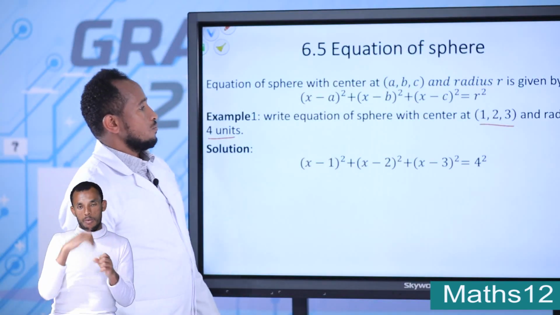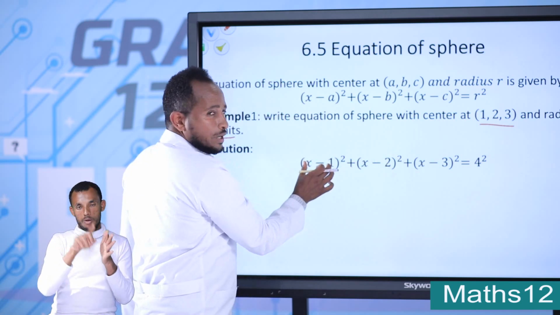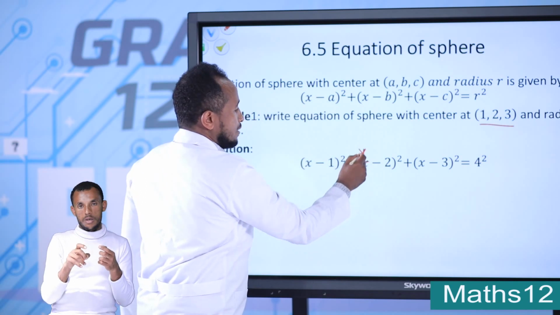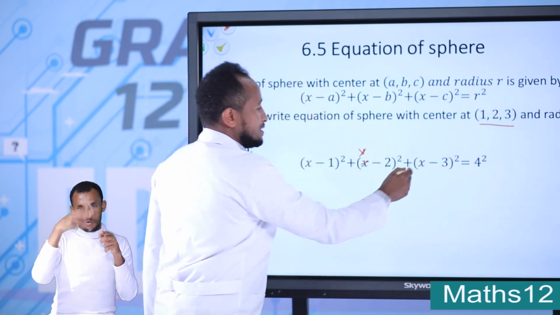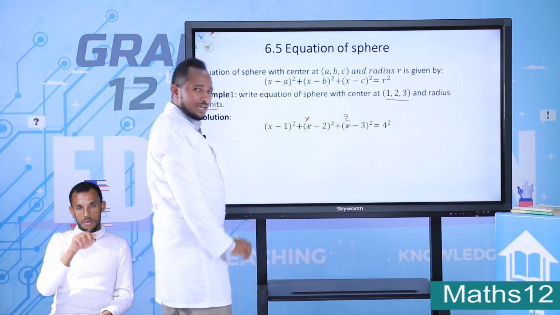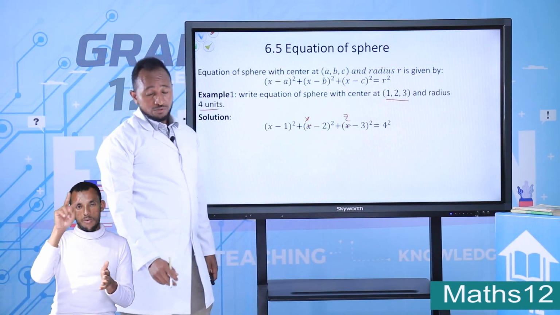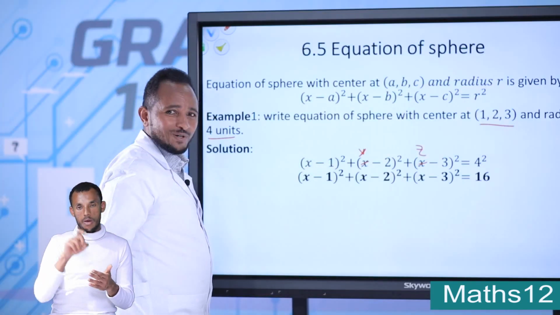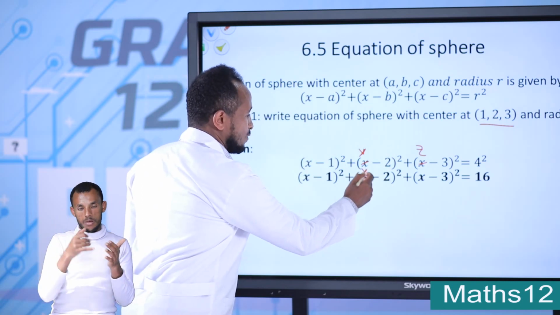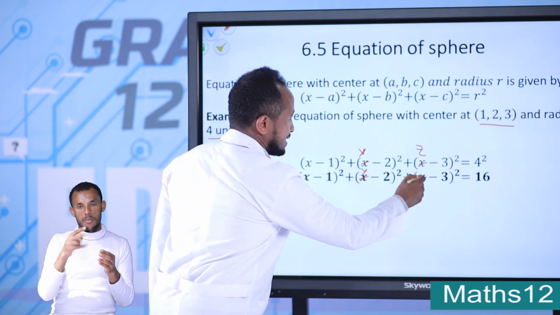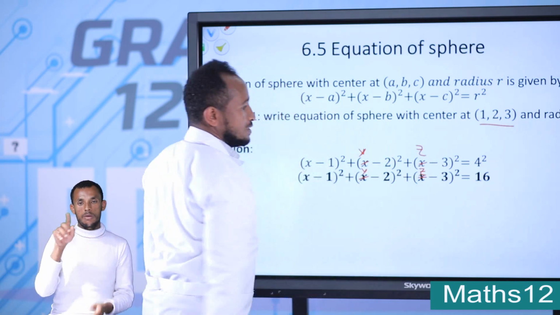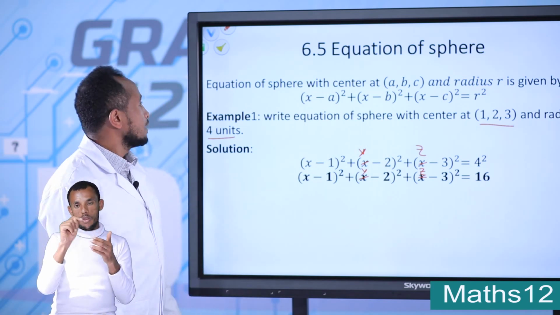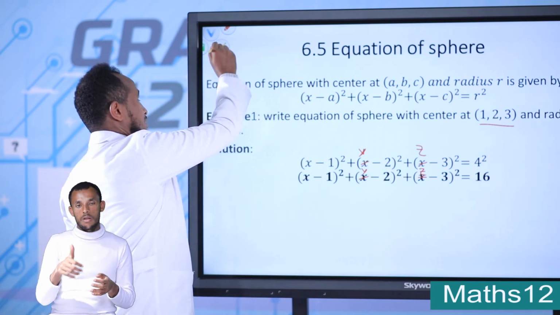So x minus 1 the whole squared plus y minus 2 the whole squared plus z minus 3 the whole squared is equal to 4 squared. Therefore, we have x minus 1 the whole squared plus y minus 2 the whole squared plus z minus 3 the whole squared is equal to 16. So this will be the equation of the sphere. Now let's add more examples.